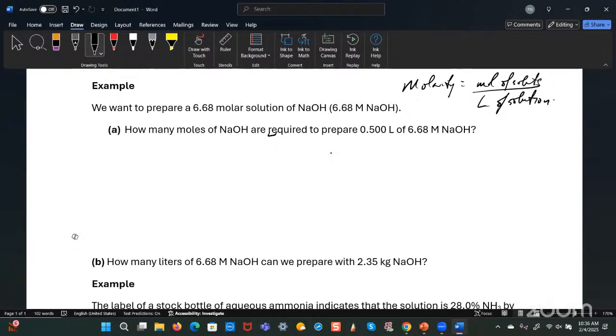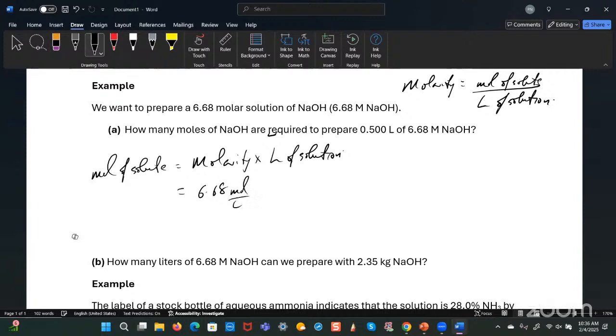Exactly, you multiply the molarity, so to get the moles of solute, that will be equal to the molarity times liters of solution, right? You're given both of these, because the molarity is 6.68 moles per liter multiplied by 0.500 liters.